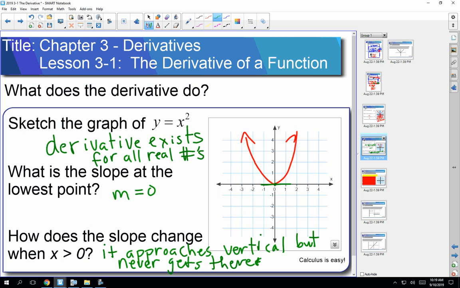Notice I didn't ask you to algebraically calculate with the difference quotient the derivative of absolute value of x. Kind of a two-part deal. It's probably better just to visually look at it and tell me the absolute value.